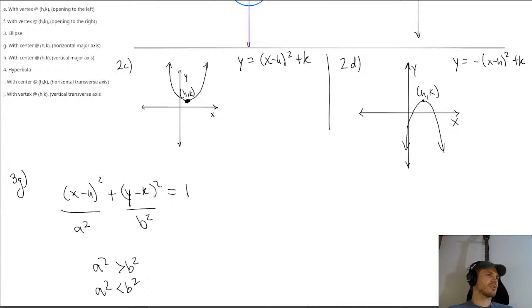I'll make sliders for everything. Basically the idea is whichever one of a or b is greater tells you the major axis. If this is bigger, the major axis is on x. If this is greater, then the major axis is on y.